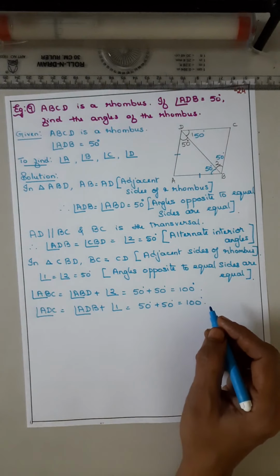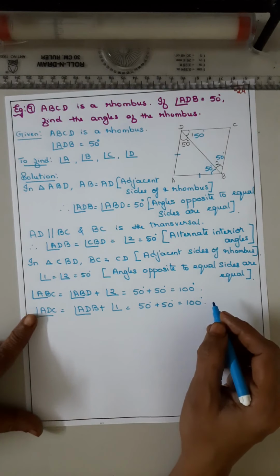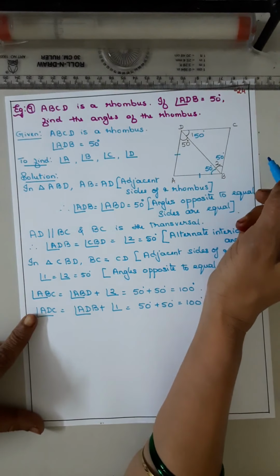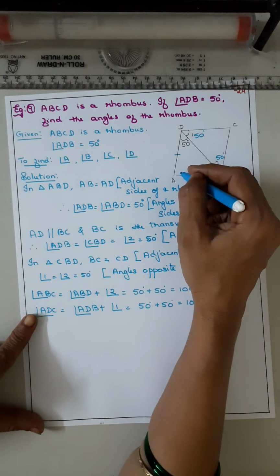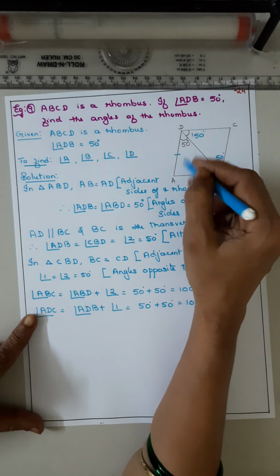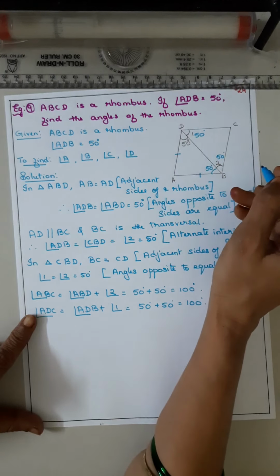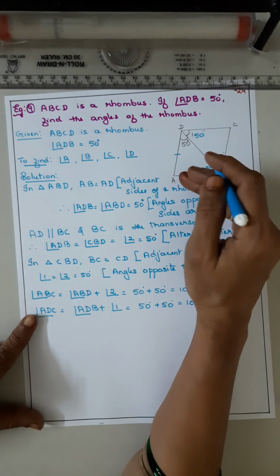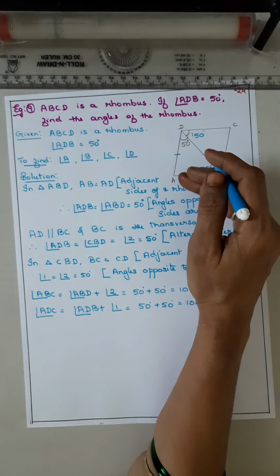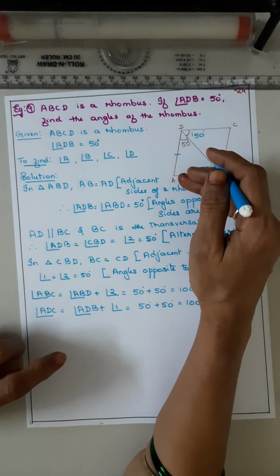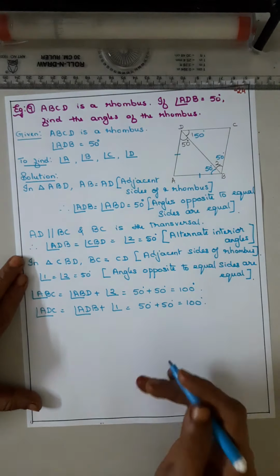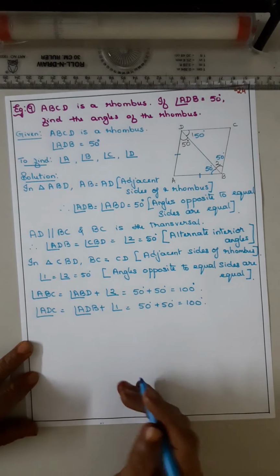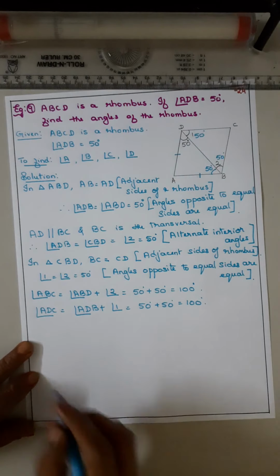Now you can write with the angle sum property, that also you can see, isn't it? In triangle ABD, by the angle sum property, 50 plus 50 is 100, 180 minus 100 is 80. Like that you can find out, or, now it is parallel lines, that is why we will take the parallel line rules.